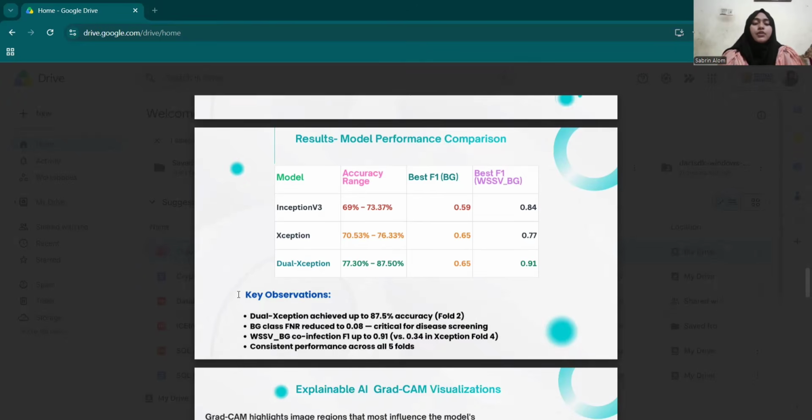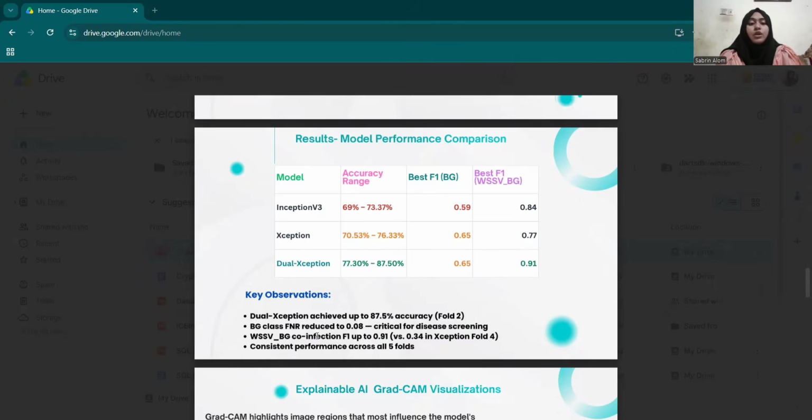So we actually see the key observations. Dual Xception obviously has better performance than the others and achieves up to 87.5% accuracy in fold 2. BZ class FNR reduced to 0.08, which is critical for disease screening.